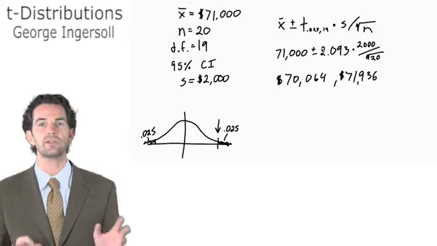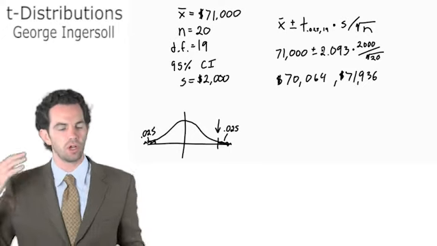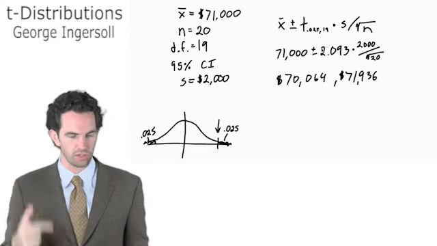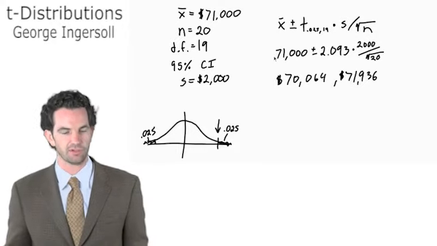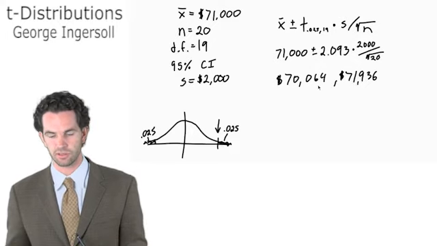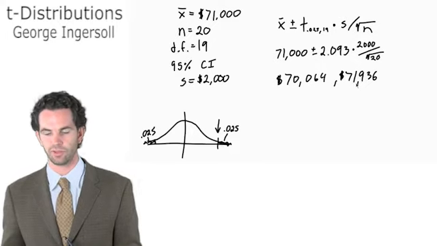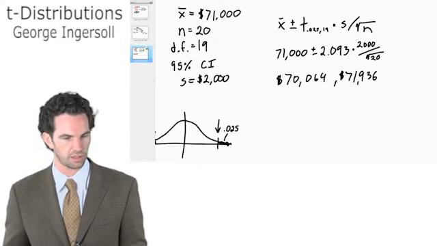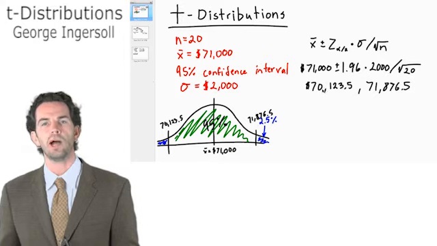All right, so that is our 95% confidence interval when the standard deviation of the population wasn't given to us and we had to estimate using the standard deviation from the sample. Notice something real quick. This range here, 70,064 to 71,936, is actually wider, slightly.